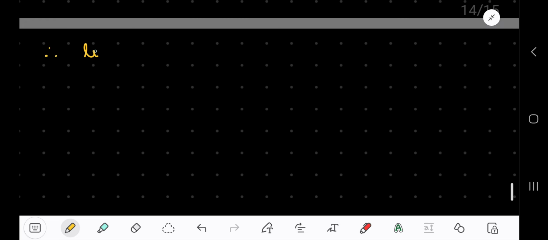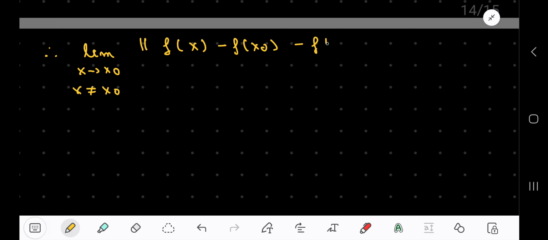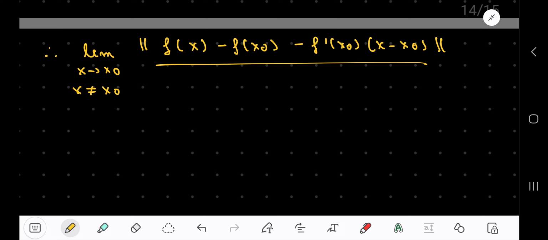Therefore, by the definition of limits itself, I have the limit as x tends to x naught, x not equal to x naught, of the norm of f of x minus f of x naught minus f prime at x naught operated on x minus x naught, divided by the norm of x minus x naught, equals 0, right? This immediately follows from the definition of derivatives.